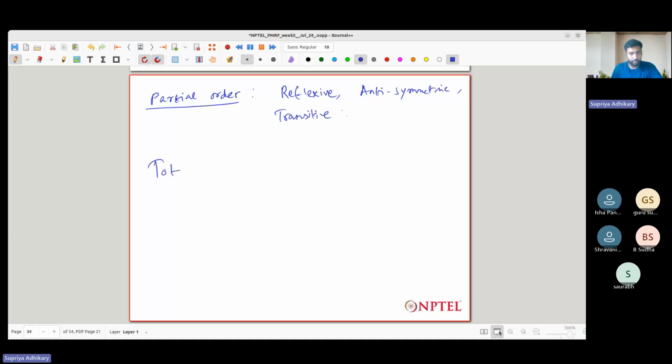What about total order? For total order, we need all these conditions for partial orders. That means it has to be a partial order, and an extra condition should be there, which is any two elements must be comparable.